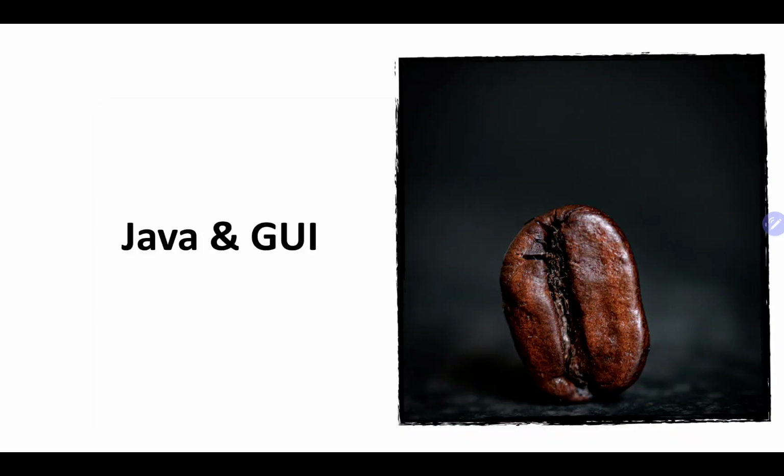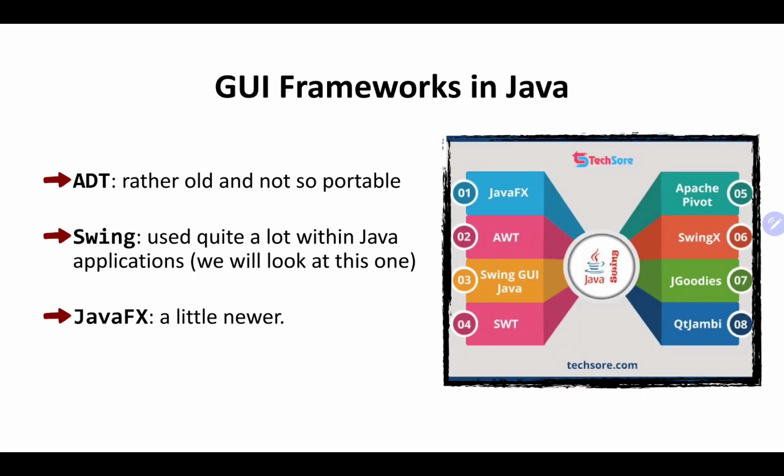Okay, now we're going to look at Java and GUI specifically. There are several frameworks available in Java. The first one is not AT, it is AWT. What does AWT mean?